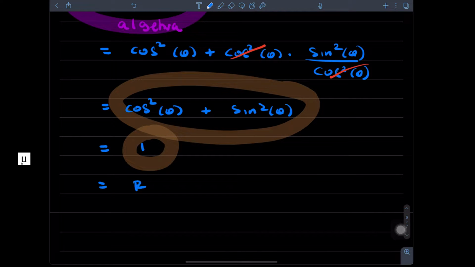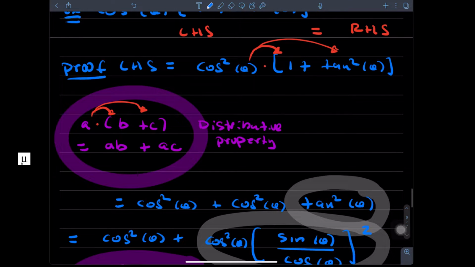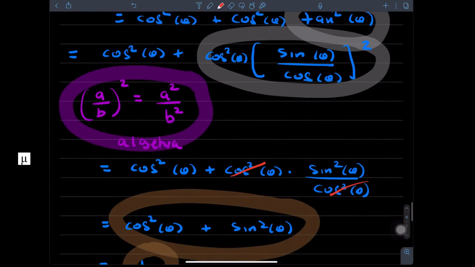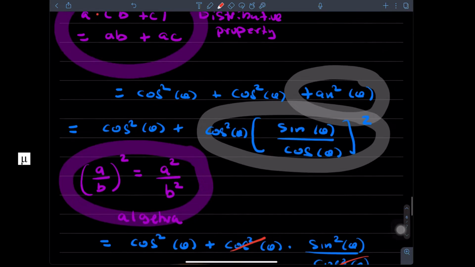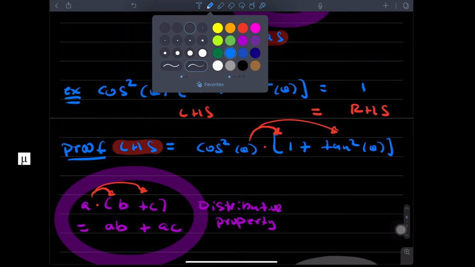My right hand side. So sure enough, see this here? Left hand side is the same as the what? Right hand side. Okay. Now, what does that do for us? That means that this statement is what? Valid. Okay. We proved it.